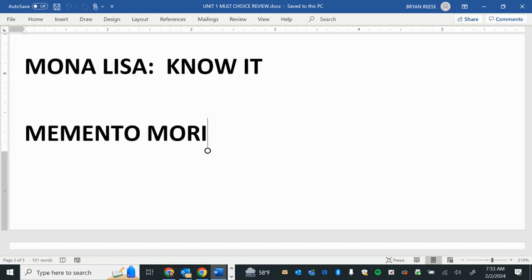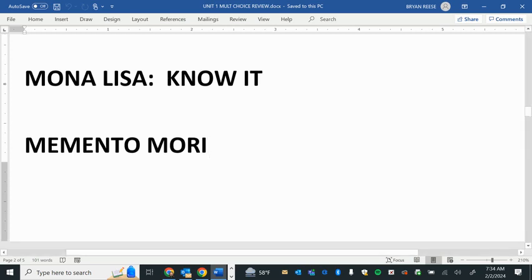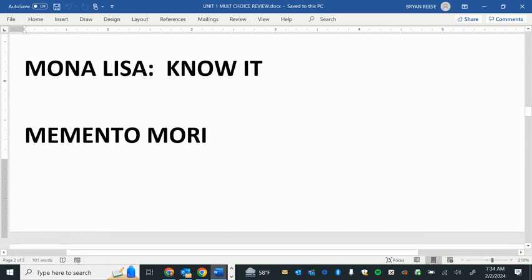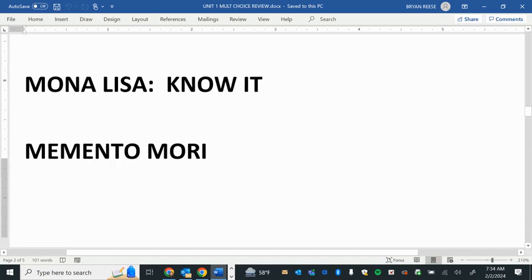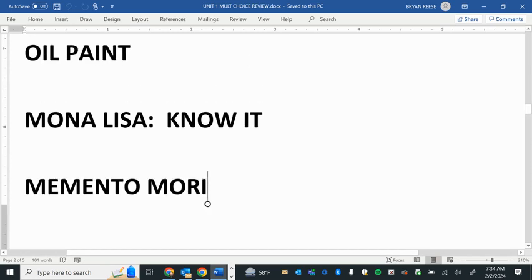That's the Portrait of Lisa Gherardini. You guys feel free to call it the Mona Lisa. So on your slide ID study sheet, it'll say Portrait of Lisa Gherardini. That's the Mona Lisa. On the test, on the slide ID, I will accept Mona Lisa as the answer if the slide shows it.